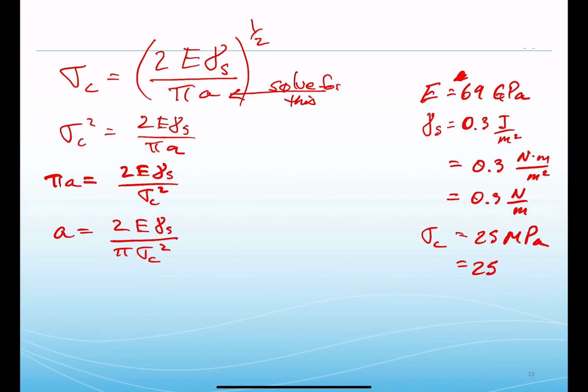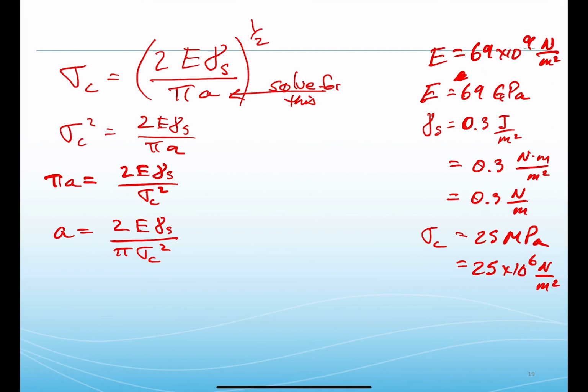So we're going to go into simply pascals or newtons per meter squared. And we'll have this instead reflected as 25 times 10 to the 6 newtons per meter squared, which is of course a pascal. Likewise, on our modulus, this is 69 times 10 to the 9 newtons per meter squared.